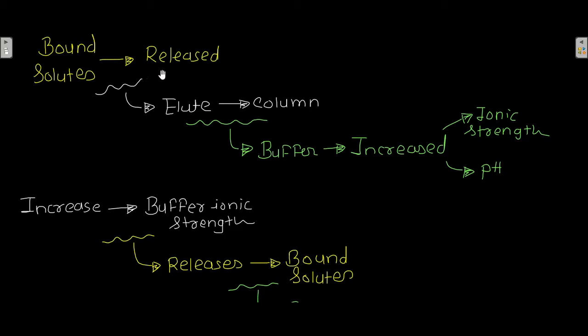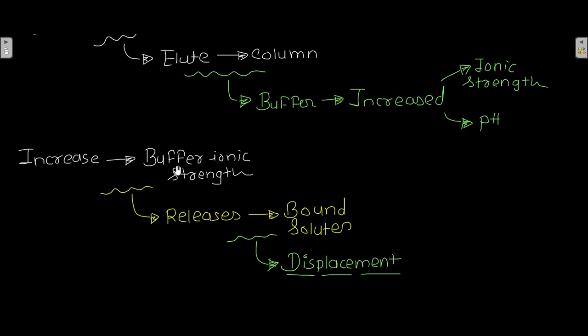How will you do that? You will elute the column with a buffer of increased ionic strength or pH. The increase in the buffer ionic strength will release the bound solutes by displacement.